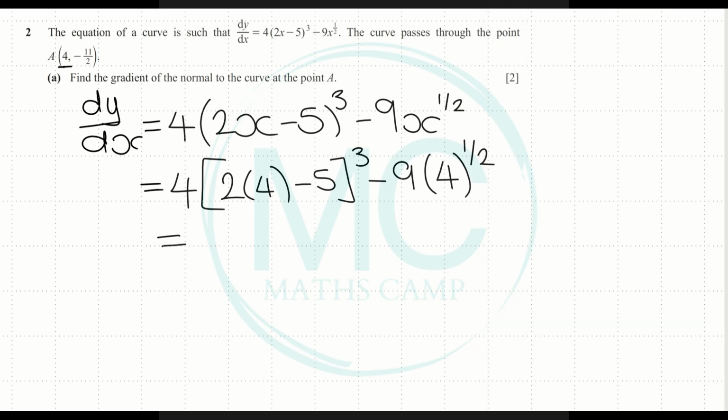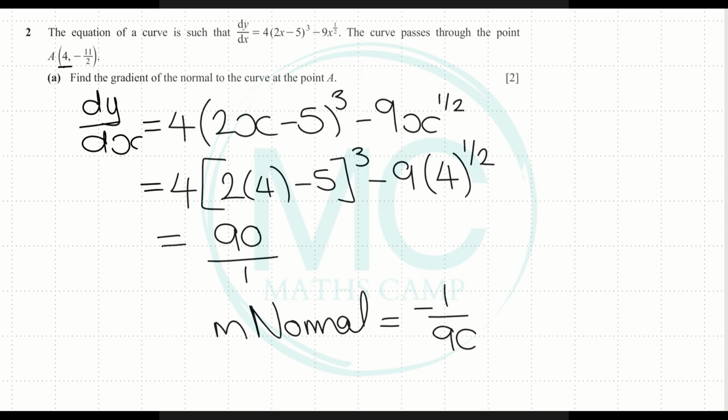This is the gradient of the tangent. And a whole number can be written over a denominator of 1. To find the gradient of the normal, all we do is turn the fraction upside down and change the sign. So in this case, I can say the gradient of the normal is equal to negative 1 over 90.